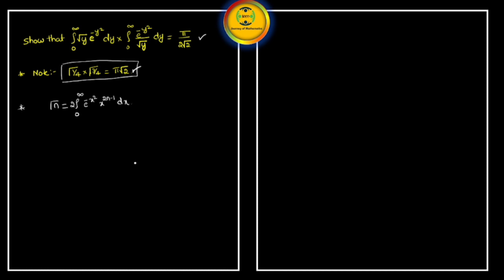This is the definition of gamma function. Now I am making a slight change: if I rewrite this definition as 1 by 2 into gamma of n, we will get integral 0 to infinity e power minus x square x power 2n minus 1 dx. With this small change, I am going to proceed with the solution of the above problem.